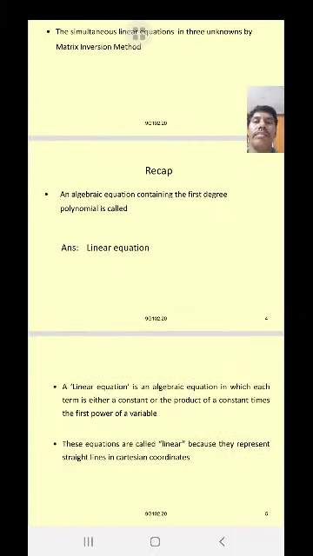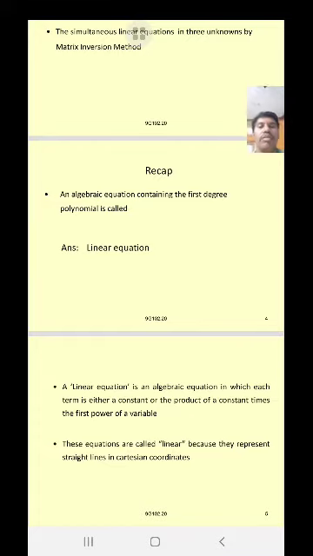Recap. An algebraic equation containing a first degree polynomial is called a linear equation. So you can say it is a simple equation, a linear equation, in which the degree is 1.